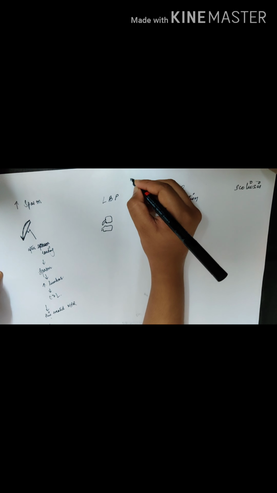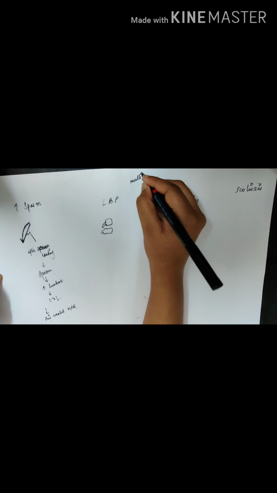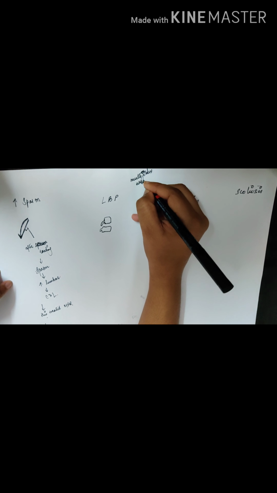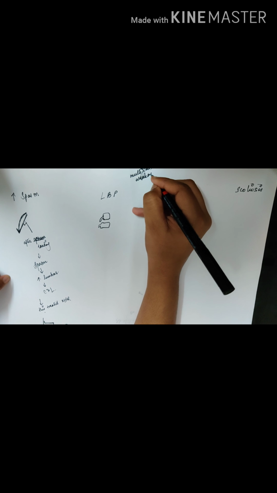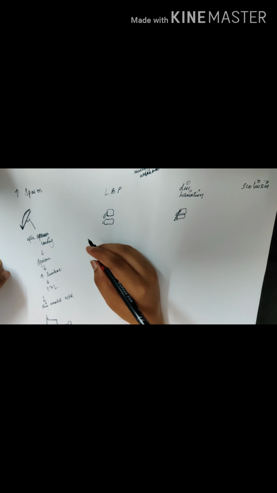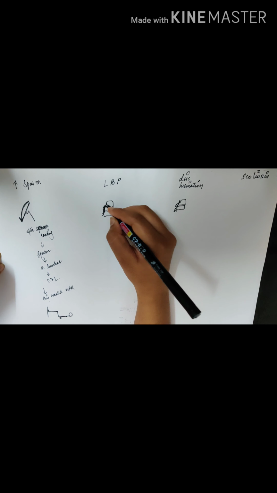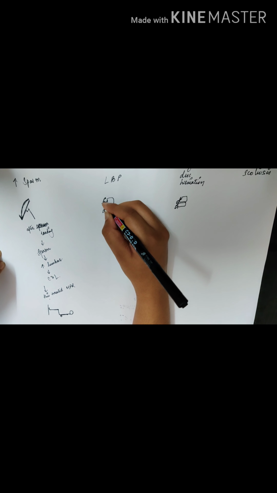Secondly, moving on to low back pain. How can multifidus weakness cause low back pain? Multifidus weakness can occur due to spasm or any kind of injury to the multifidus. The multifidus is a deep muscle which continuously stabilizes the spine.